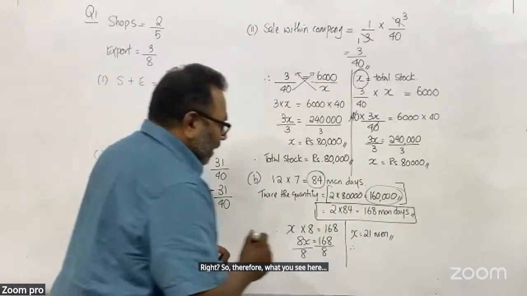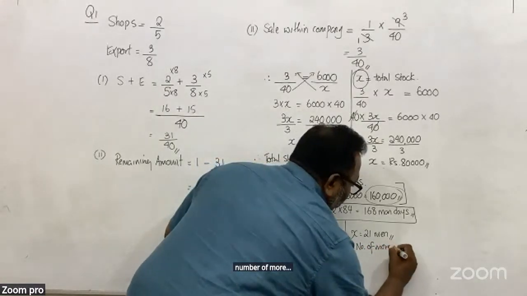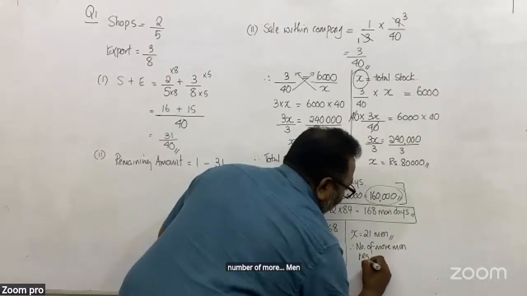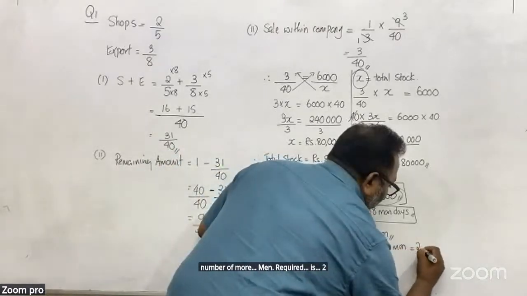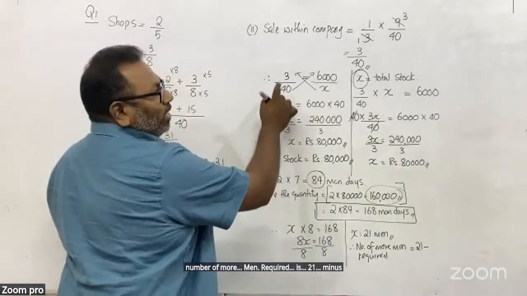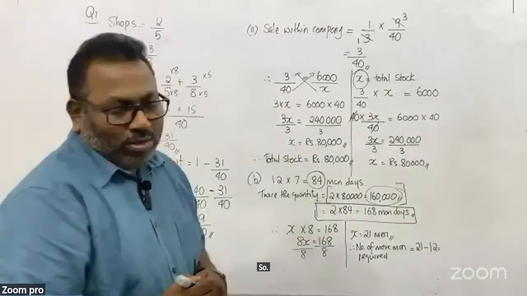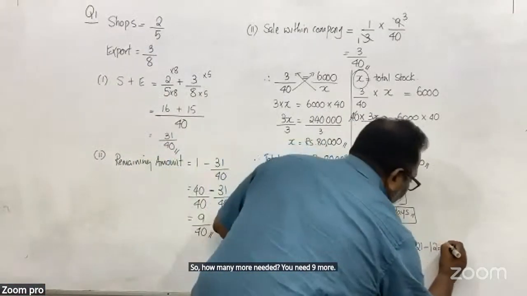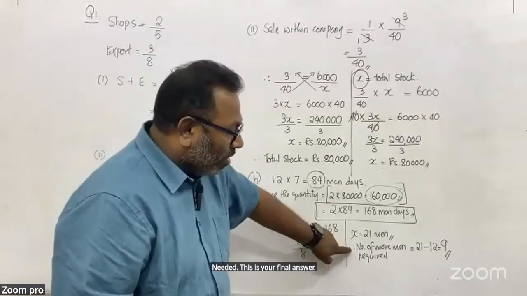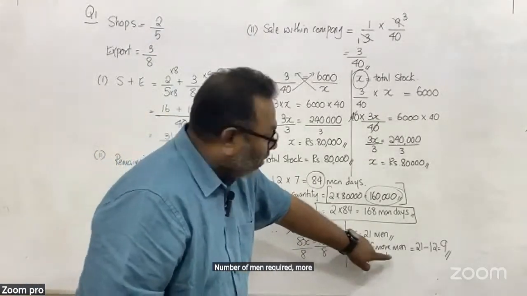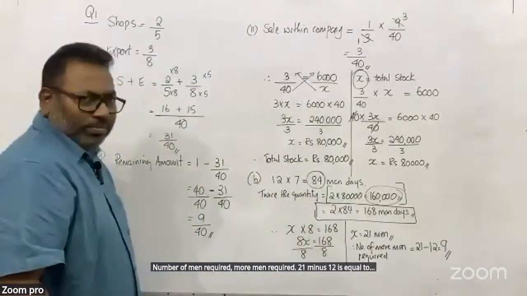Number of more men required is 21 minus, you already had 12 people. So how many more needed? You need 9 more. This is your final answer. Number of more men required, 21 minus 12 is equal to 9.